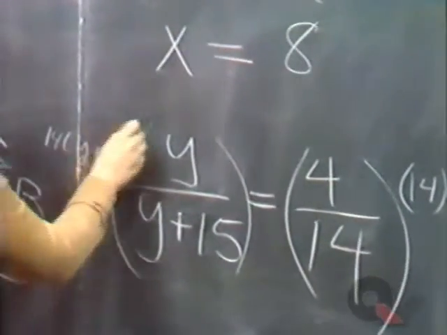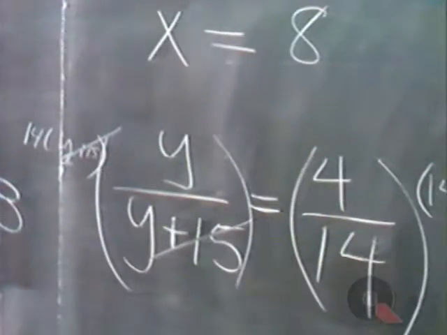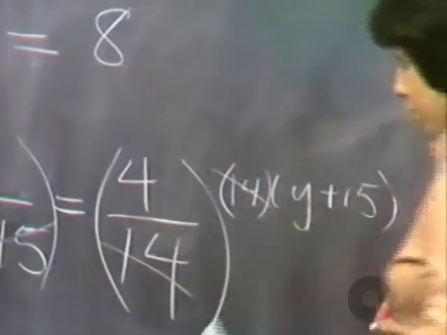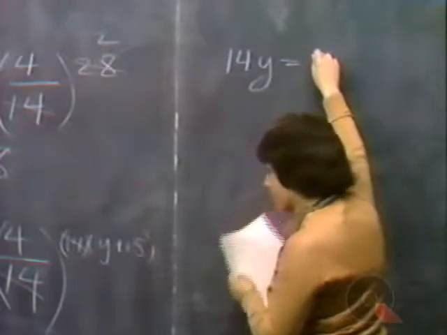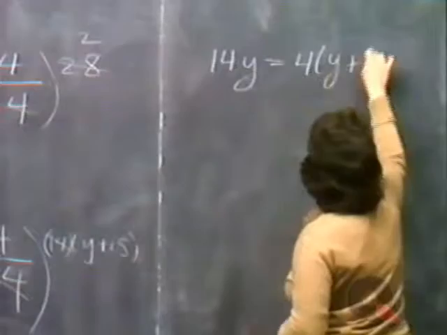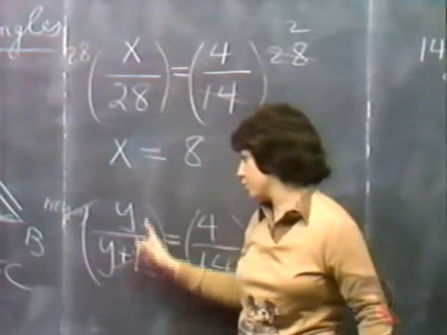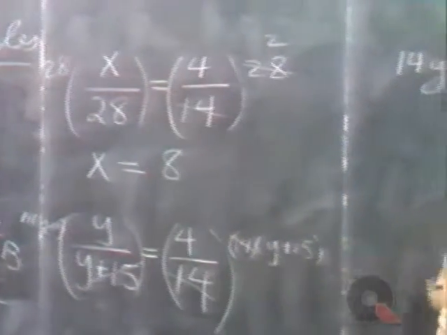On the left, the y plus 15s cancel, leaving you with 14y. And on the right, the 14s cancel, leaving you with 4 times y plus 15.